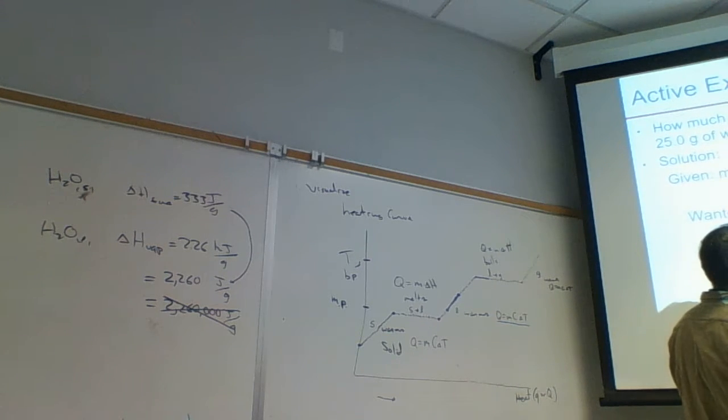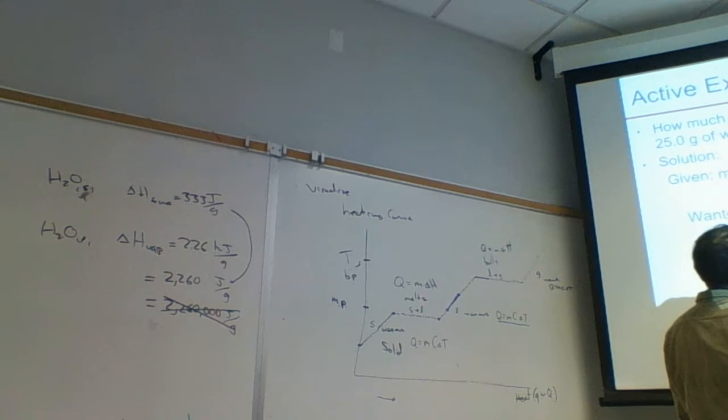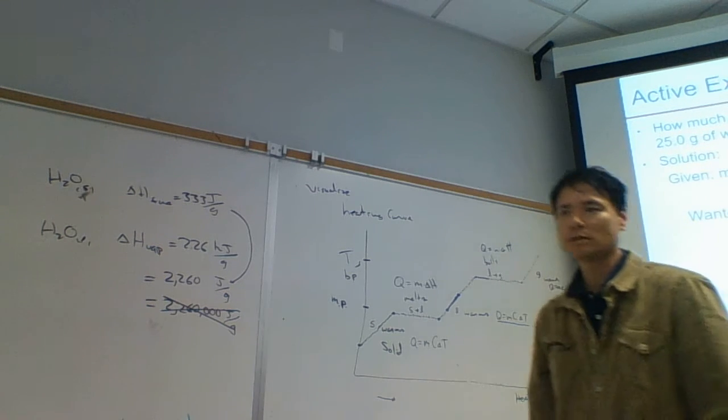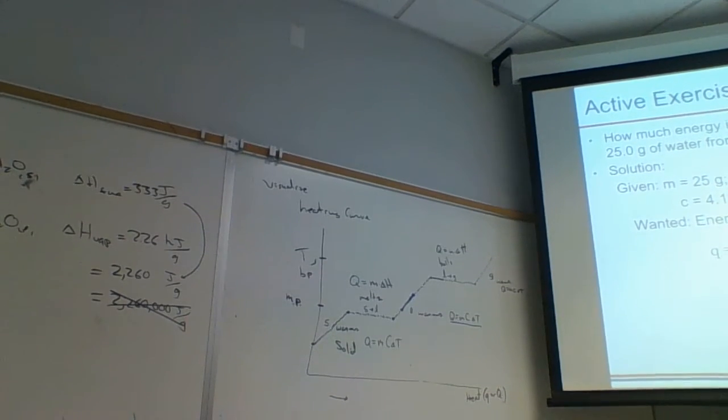So that's our C. So we have mass times C times delta T. Delta T is T final, the final temperature, 50, minus T initial, the initial temperature, 10. And so delta T is plus 40. Plus 40 would be a temperature increase. A negative 40 would be a temperature decrease. So the order is important. We could have a positive, which is an increase, or a negative, which is a decrease.